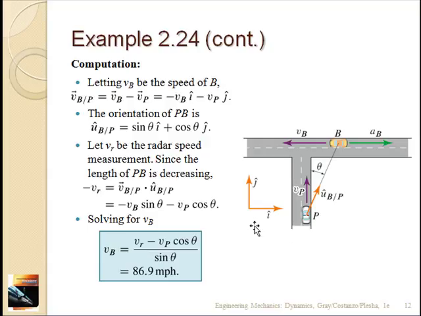If we do that, we get minus VR is minus VB sine theta minus VP cosine theta. Combining these to solve for VB, we get VB is VR minus VP cosine theta, over sine theta. We know the angle is 22 degrees, we know the velocities, and that gives us a velocity of B of 86.9 miles per hour.